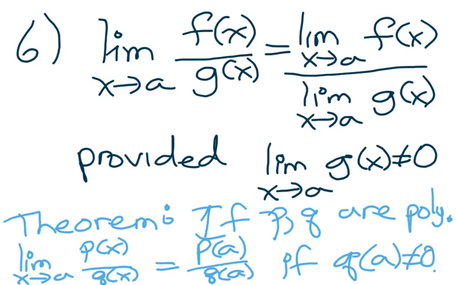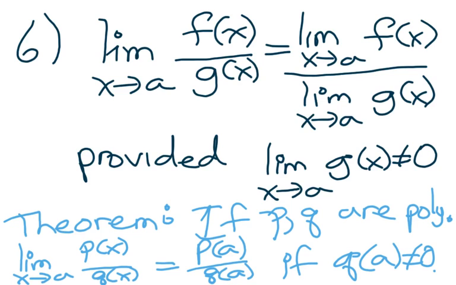So for polynomials, plug it in, no problem. For rational functions, a polynomial divided by another polynomial, plug it in, and the only problem is if we're dividing by 0. If we're not dividing by 0, we automatically get our answer in that case as well.